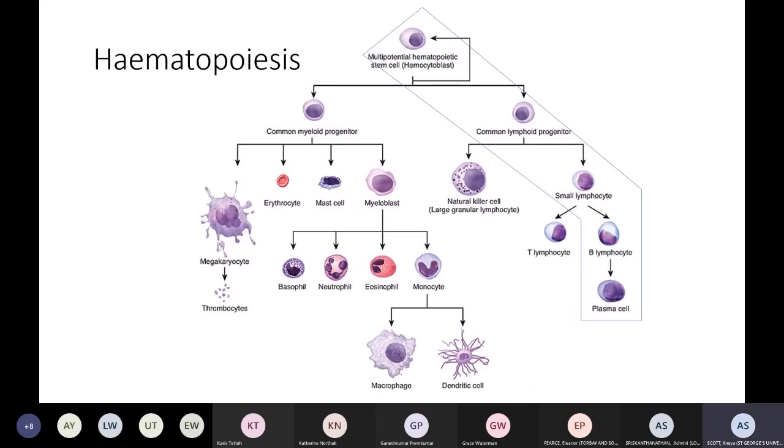I basically just remember that pretty much everything is on the myeloid side, apart from your B lymphocytes, T lymphocytes, and your natural killer cells, which we don't really talk about that much. So most of it is myeloid apart from those three. You don't need to memorize the whole thing.